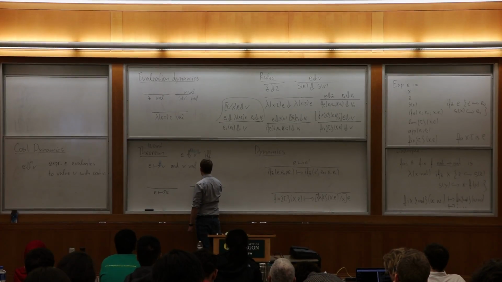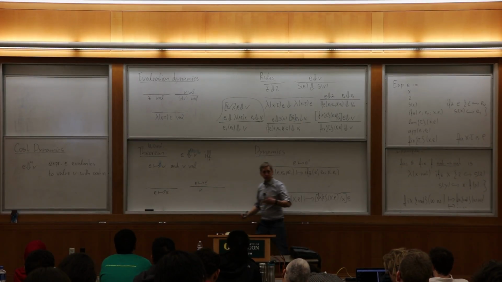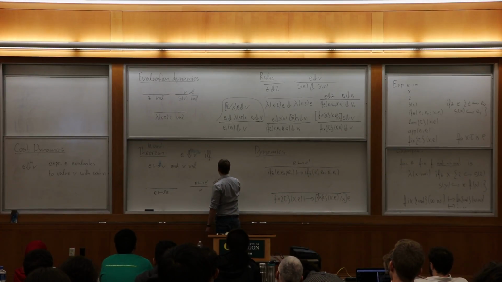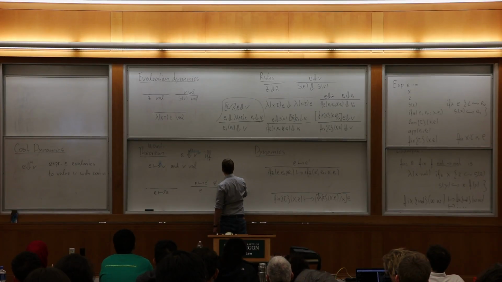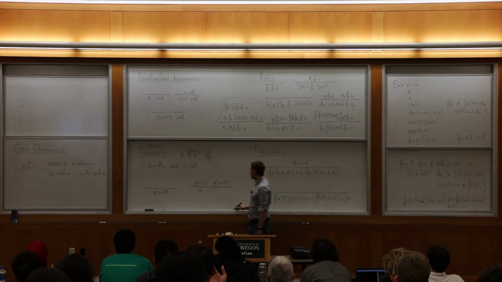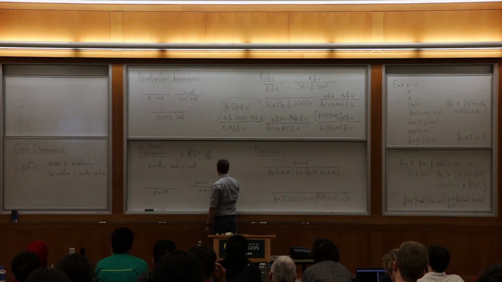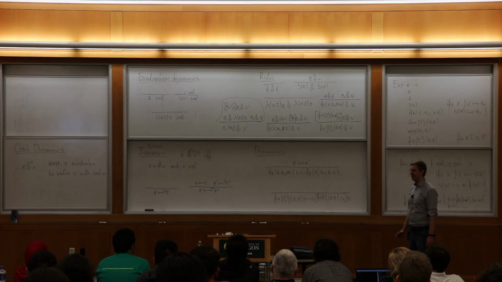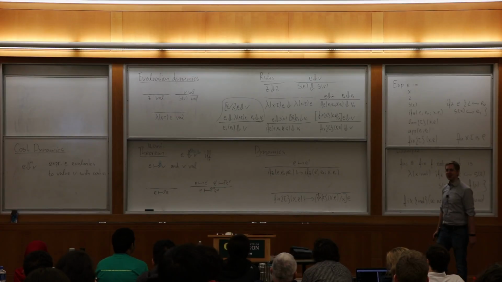And if you can make a step from E to E prime in the small step semantics, and you can go from E prime to E prime prime in n steps, then you can go from E to E prime prime in n plus 1 steps. Some are very happy about that. Good.